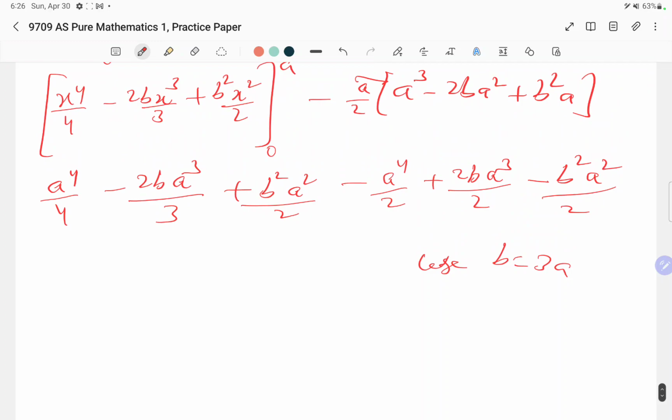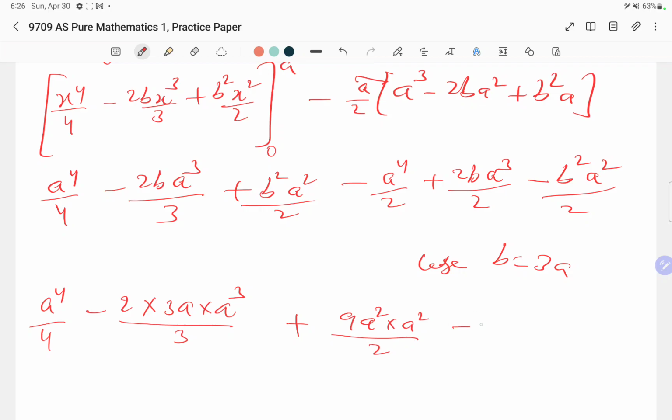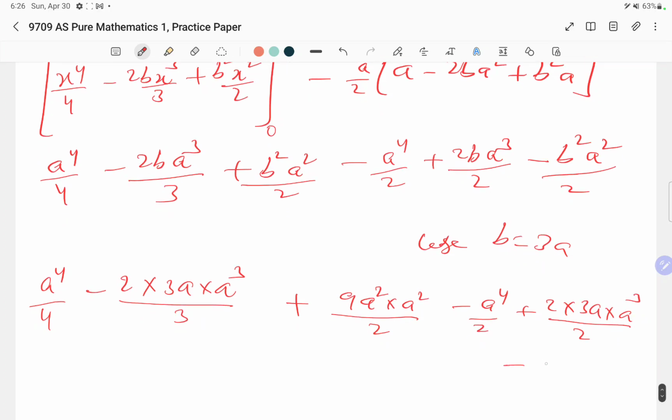So a to the power 4 over 4 minus 2 times 3a times a cubed over 3, then b squared is 9a squared times a squared over 2, minus a to the power 4 over 2 plus 2 times 3a times a cubed over 3, and minus, we can cancel this part, so no need to write it.